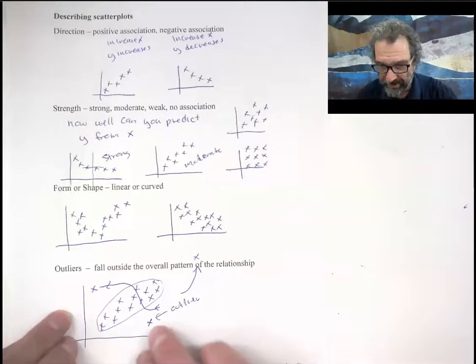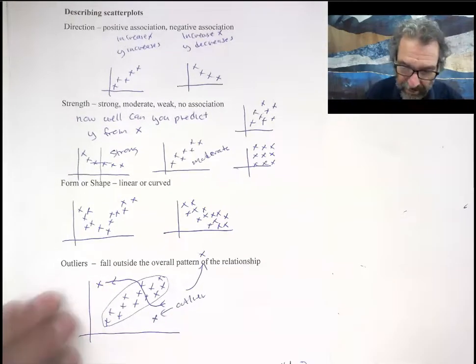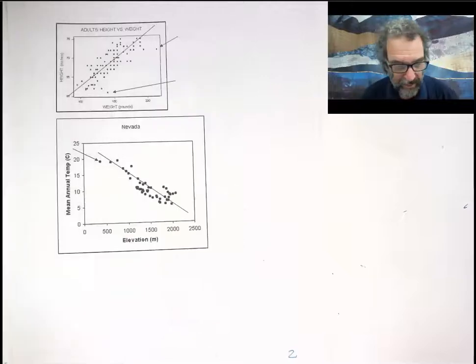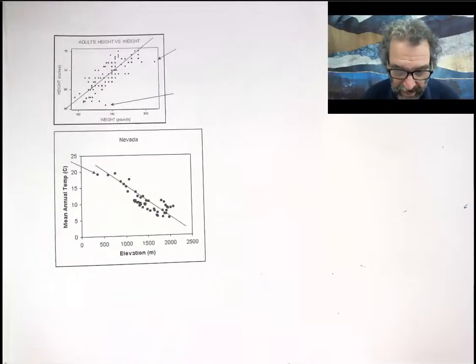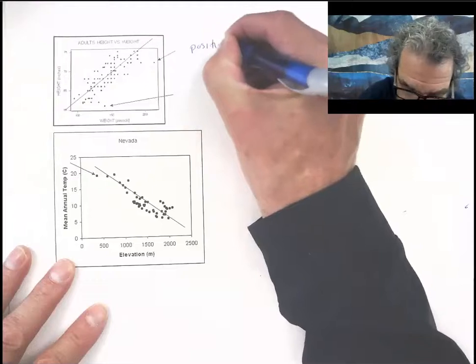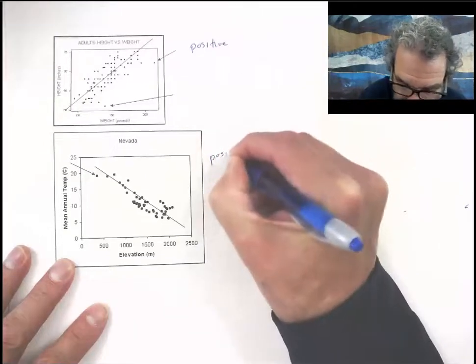Okay, so that's description. You can ask yourself, here's a scatter plot. Tell me the direction, strength, form, and are there any outliers? Okay, so here are our examples. Here we're thinking about direction. It looks like positive, positive.